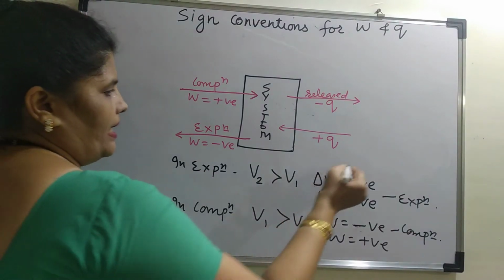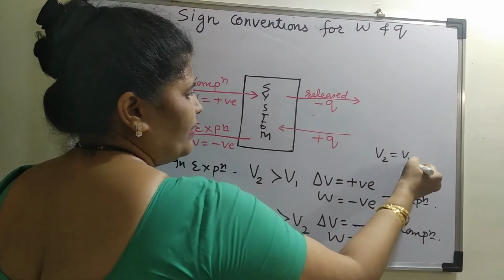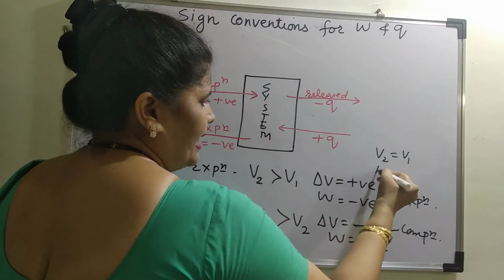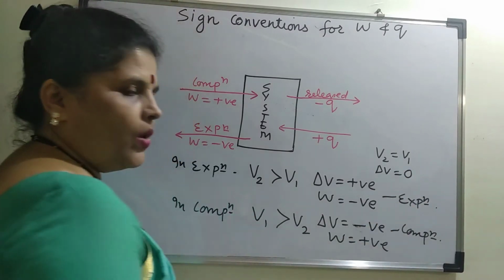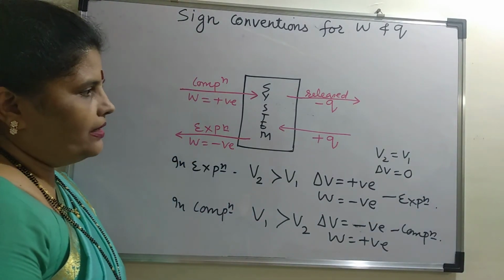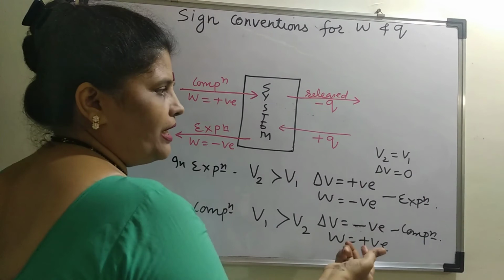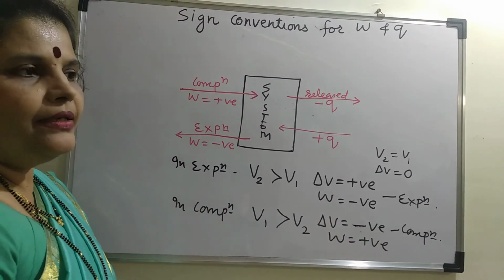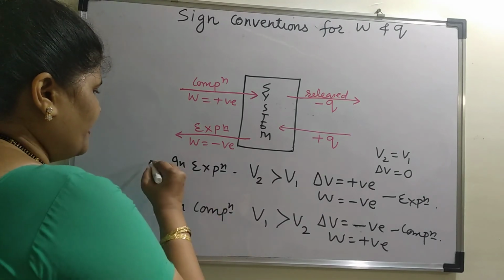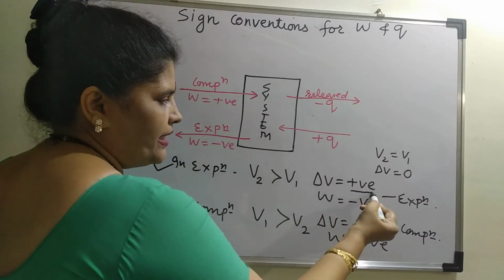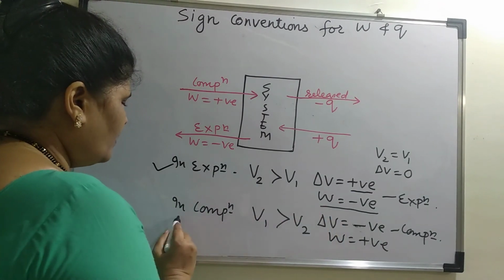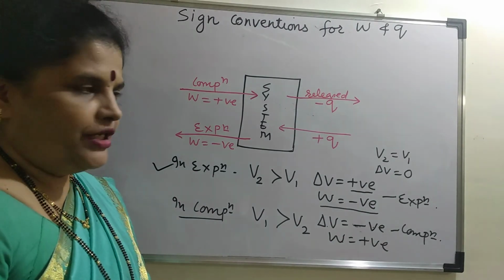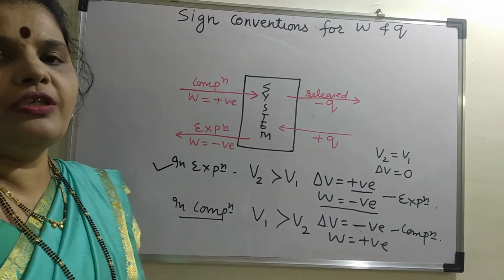Students, when V2 is equal to V1, the system is at equilibrium, then delta V is equal to 0, means there is no work done during the process, because the initial and the final volume remain the same. So in expansion, delta V must be positive and W must be negative. In compression, delta V must be negative and W must be positive. So this is all about the sign conventions for W and Q.